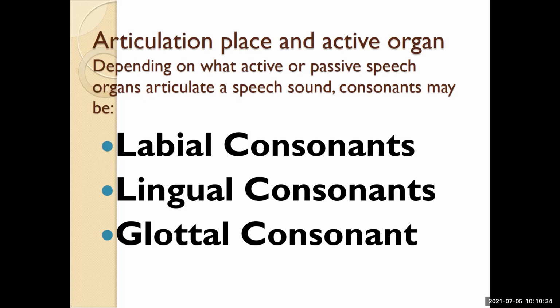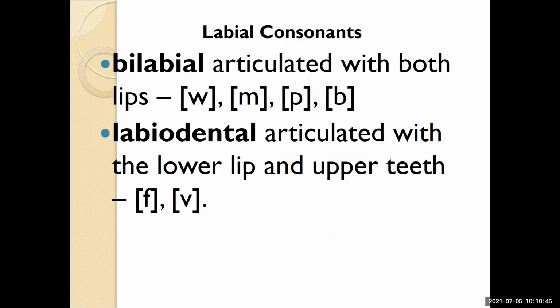Depending on what active or passive speech organs articulate a speech sound, consonants may be labial consonants, lingual consonants, and glottal consonants. Labial consonants are divided into two: bilabial consonants and labiodental consonants.